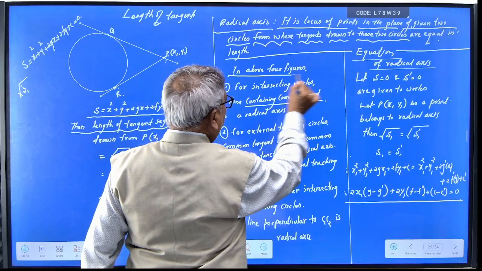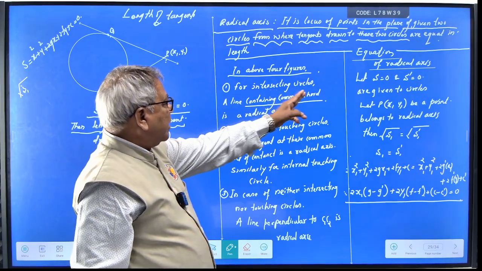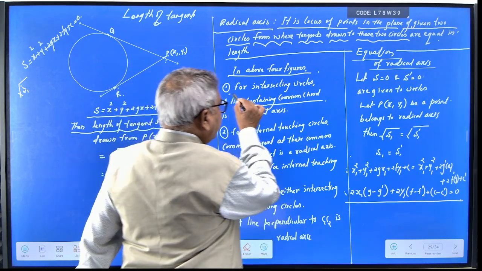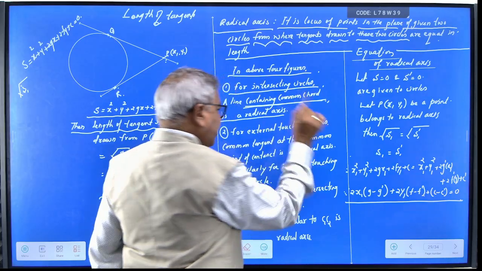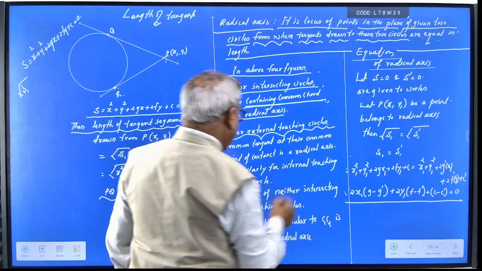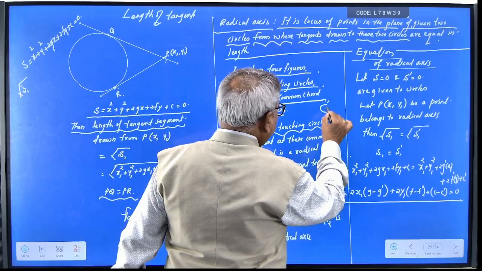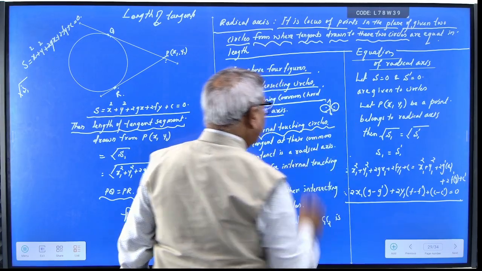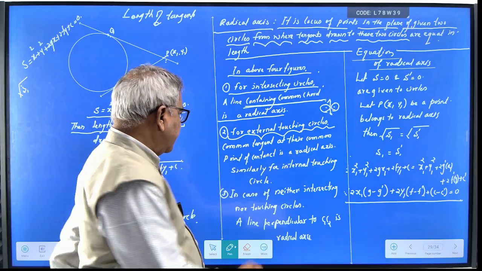In the above figures, the last 4 figures that we see. First, for intersecting circles, the line containing the common chord is the radical axis. Second, for externally touching circles, the common tangent at their common point of contact is the radical axis.